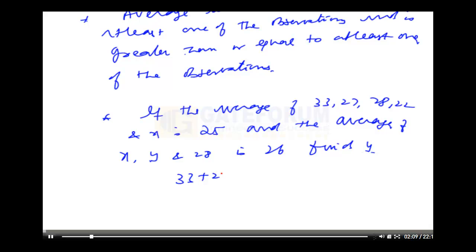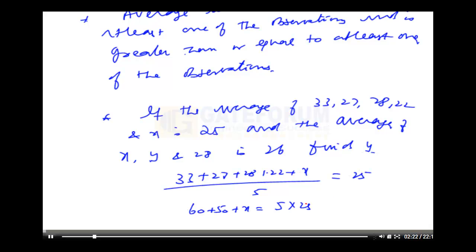Average, we know, is the sum of the items per number. So you are given 5 values, add them, divide by 5, and equate to the average 25. So 60 plus 50 plus x is 5 into 25.